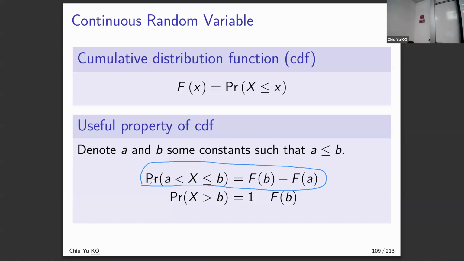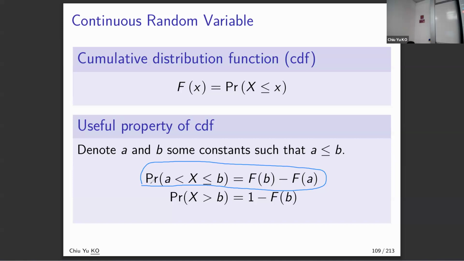This axiom 3 tells us that less than B can be divided into two parts: everything up to A, and A to B. Because B is the larger number, everything up to B is everything up to A and between A and B. So that gives you this one. It's coming from axiom 3, okay?